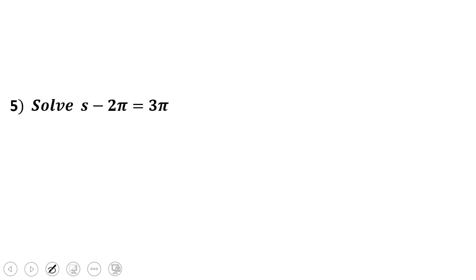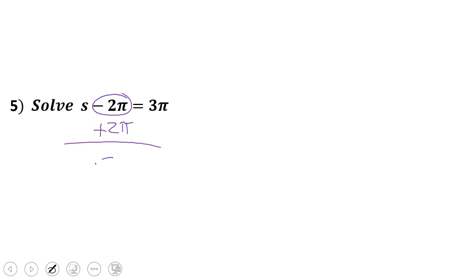So now we got to talk about terms that we learned back in 7th grade. So we know this negative 2 pi is an entire term. So when I isolate this variable s, I know that the inverse of subtracting 2 pi is to add 2 pi. I'm going to add the entire term. Okay?